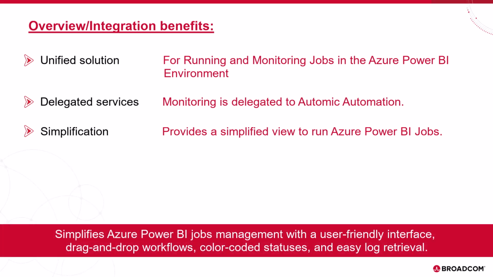Automic Automation lets us build configurations with intuitive interfaces like drag and drop workflows and supervise processes in simple dashboard tools designed natively for operations. Statuses are color-coded, and retrieving logs is done with a basic right-click. From an operations perspective, Automic Automation significantly simplifies the configuration and orchestration of Azure Power BI jobs.